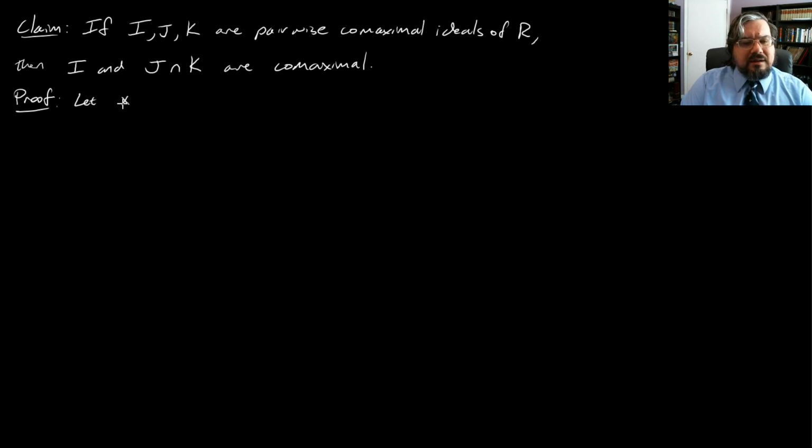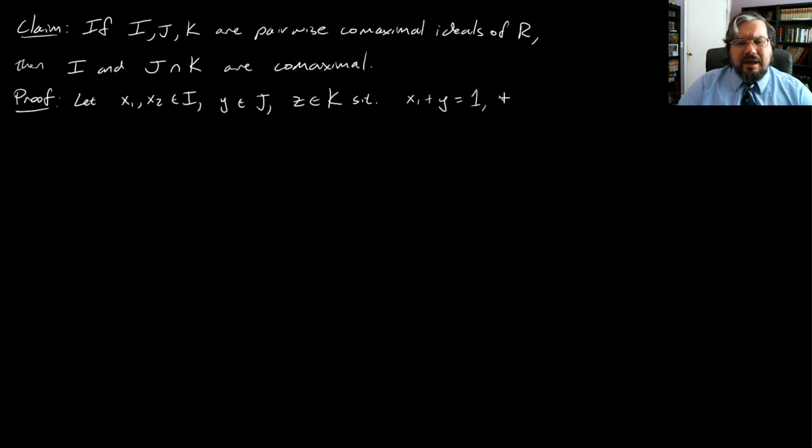So let's go ahead and let x1, x2 belong to I, let y belong to J, and let z belong to K, such that x1 plus y is equal to 1, and x2 plus z is equal to 1. This is possible by our original hypothesis.